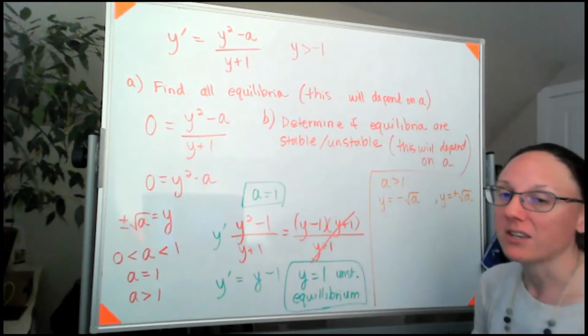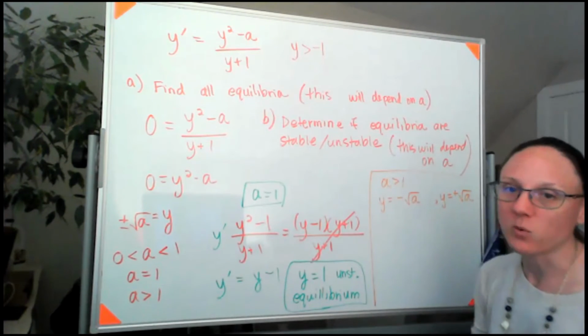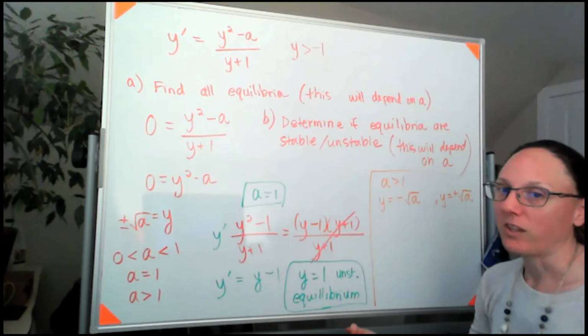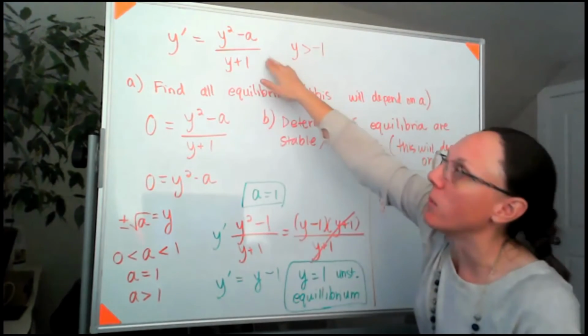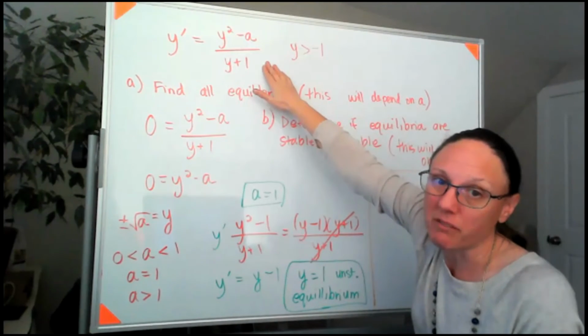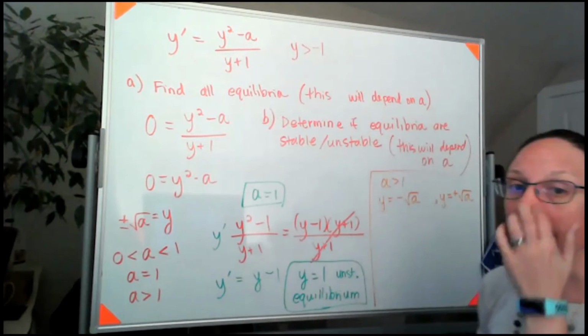Now we have a choice. We could think about doing this graphically, or we can use the stability criterion. Doesn't really matter, but my guess is most people are less comfortable graphing this than taking the derivative of this. So I'm going to go ahead and use the stability criterion here.